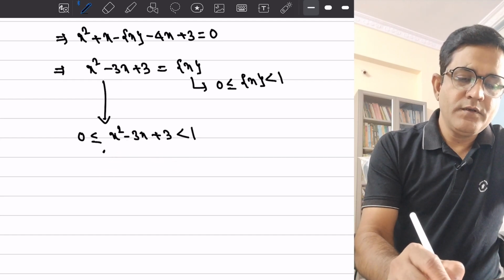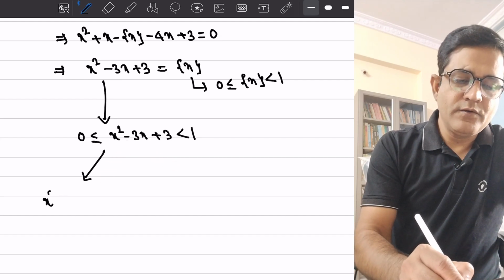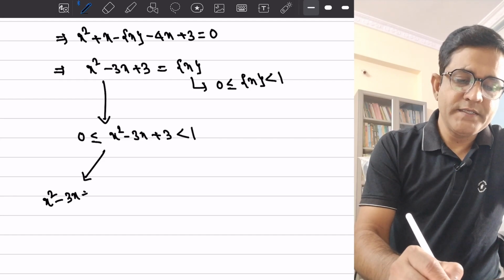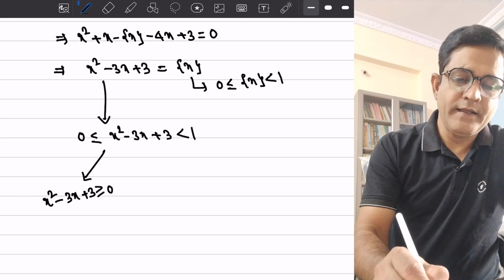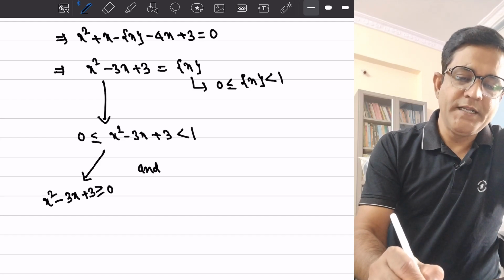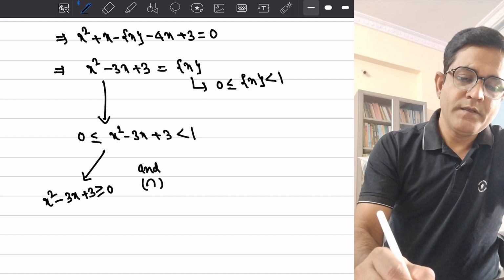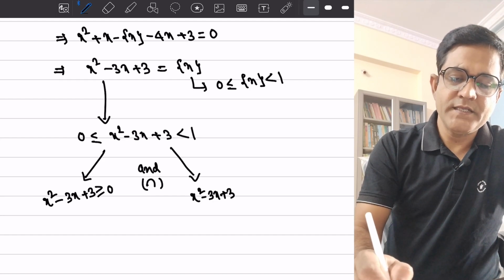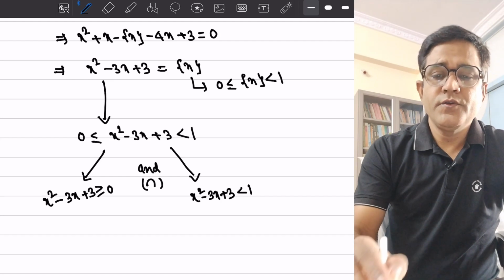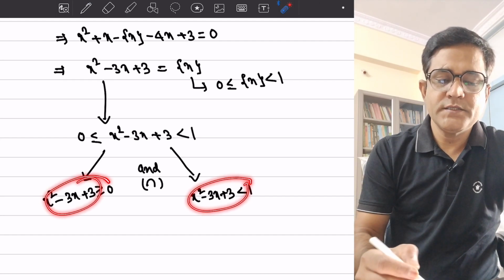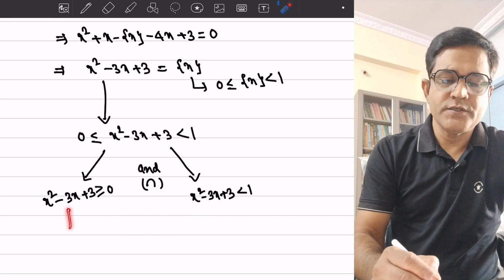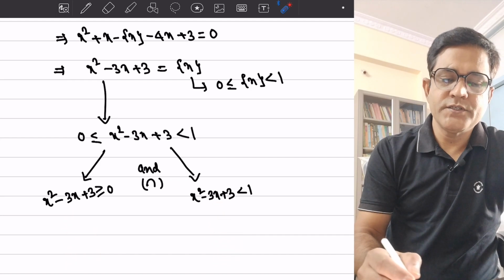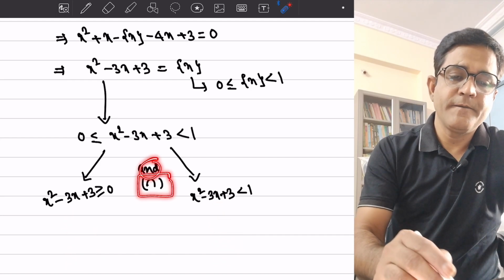That is, x² − 3x + 3 ≥ 0 and, where 'and' means intersection, x² − 3x + 3 < 1. You solve these two inequalities and take the intersection of solution 1 and solution 2.